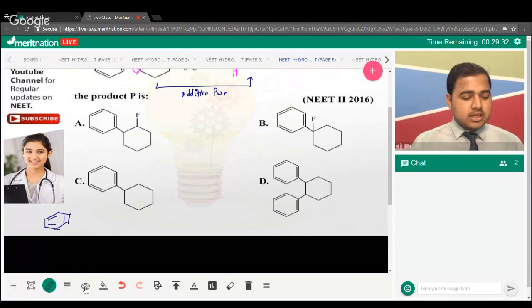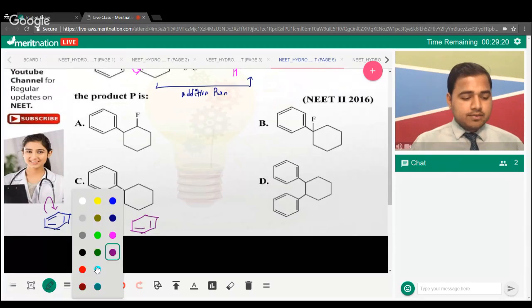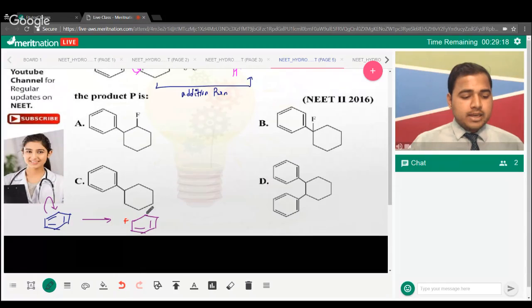And the same procedure, students, that we have done. This bond is going to break towards this one. Got it? So it will form like this. It will be positive. It will be negative. So on this negative side, this will attack.